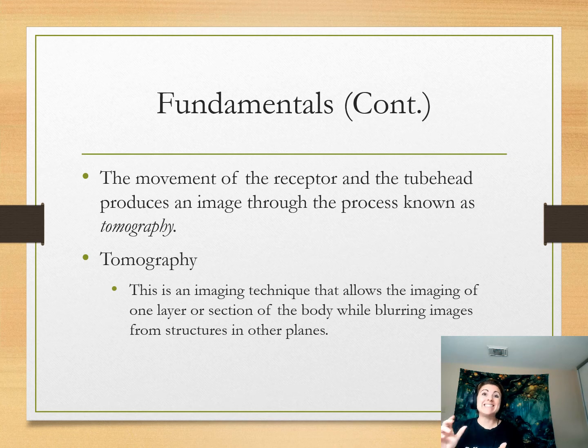Tomography is a series of images that will layer over one another. So as the tube head is traveling around the patient's head and the receptor is traveling around the front of the patient's head, that x-ray image is being shot from here and then here and then here and then here. And as it goes around, those images are overlapped in a way that will give you one solid image.